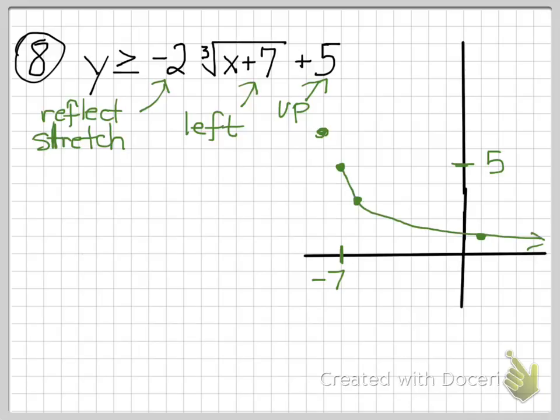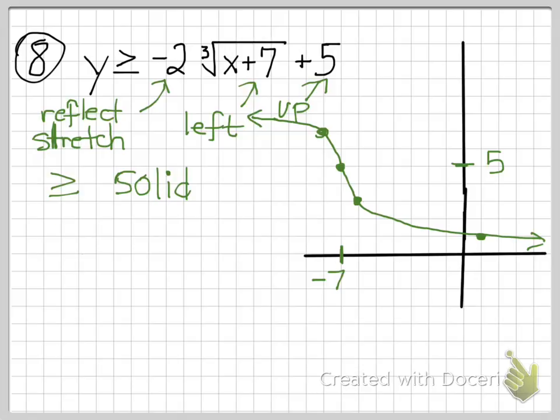So my S shape is running into my words. Comes across like that. Is it supposed to be solid? I should have checked. Look at the inequality symbol. It's a greater than or equal to. So it is a solid line. That's good.